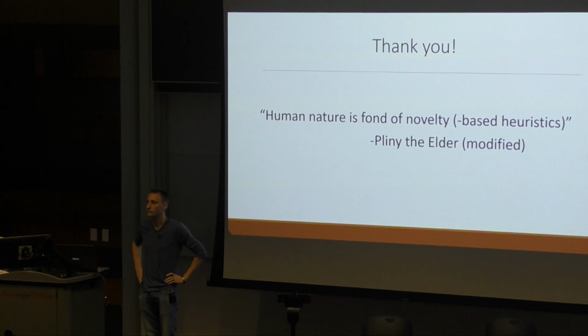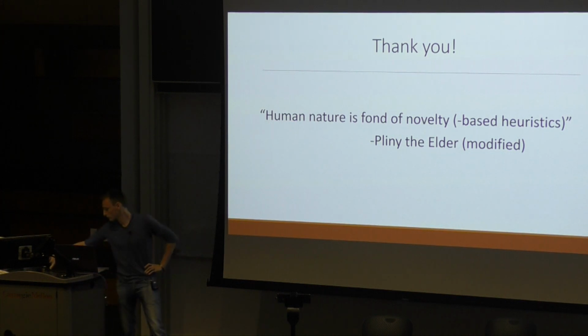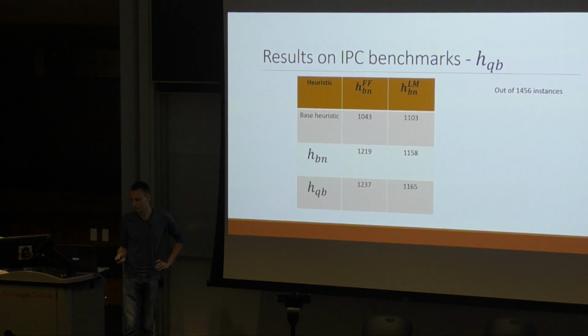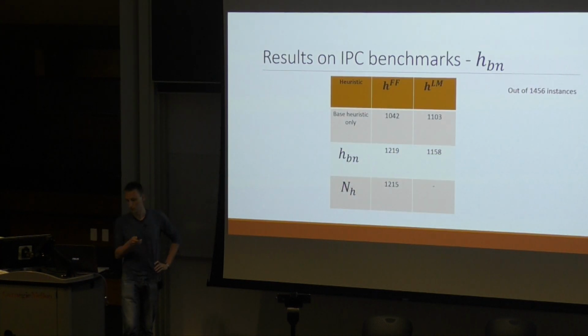Do you have an empirical comparison to the AAA heuristic? So it was almost identical. Let me just get there. So here is the AAA heuristic, right? And we evaluate it only with FF. And here's our heuristic, and it performs really close.